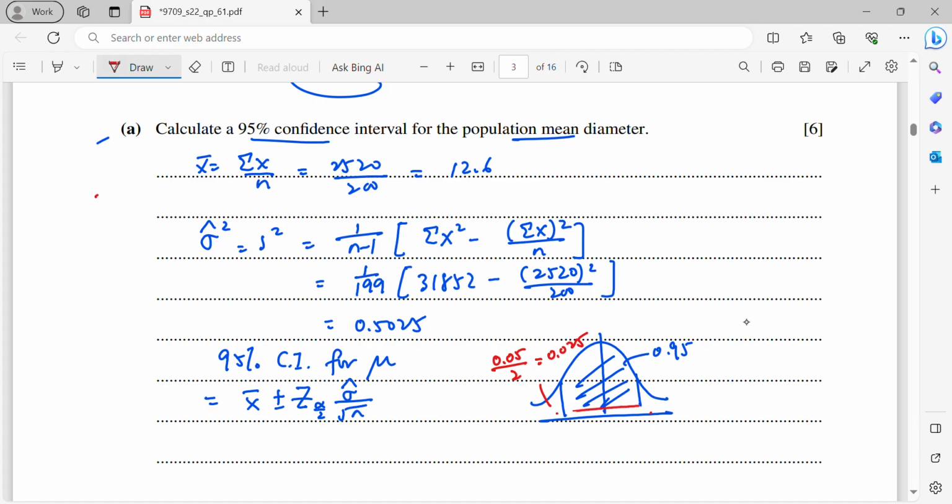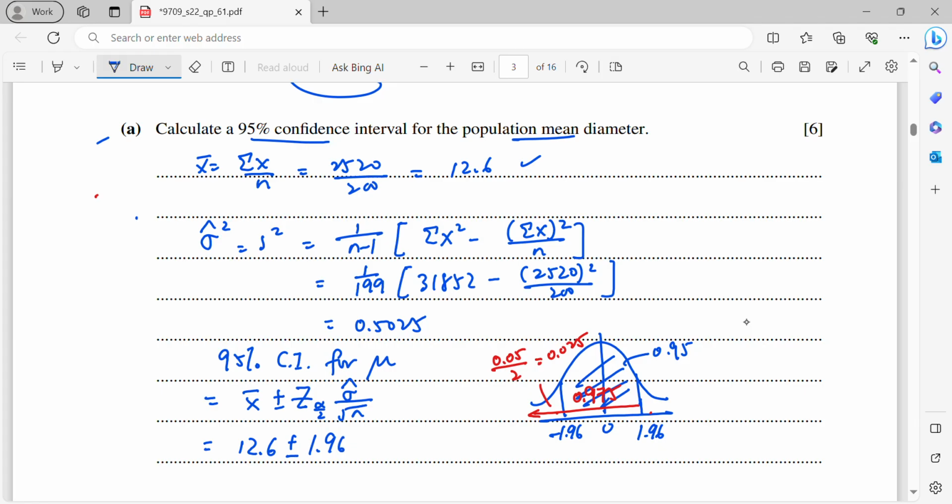So which means the total probability towards the left hand side is 0.975. Now when you refer to the normal table, it will be 1.96 for the critical value. The middle is 0, here is negative 1.96. Then now I will just replace all the values. So x bar is 12.6 plus minus the z value 1.96.